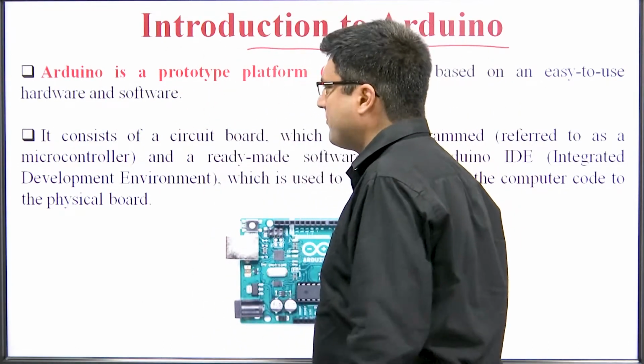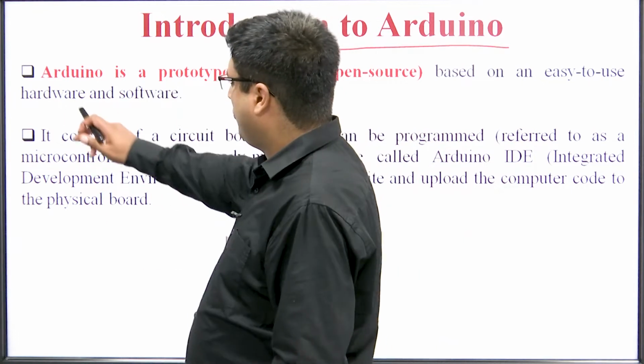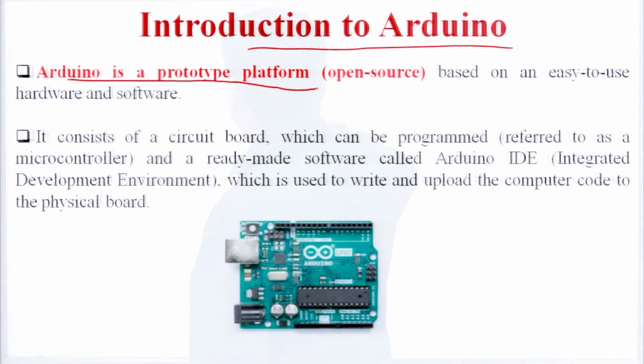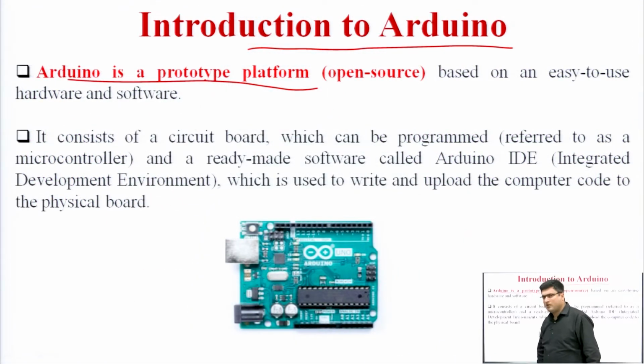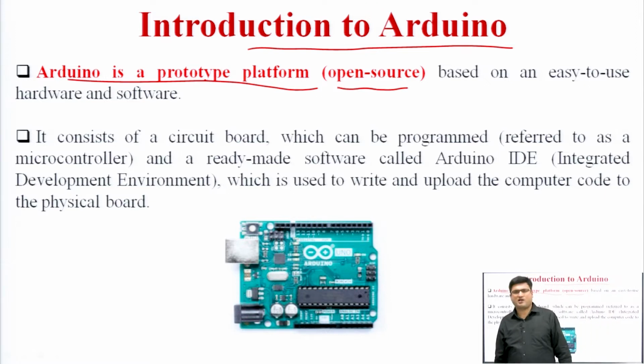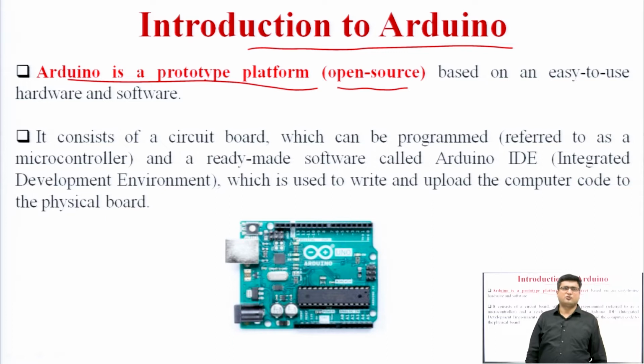Arduino is basically a microcontroller. Arduino is a prototype platform. What is the meaning of prototype platform? It means that after designing a circuit, one can create a prototype on this platform. It is available as open source, it is not a licensed version, and you can use the IDE for programming, which we will see in this lecture.